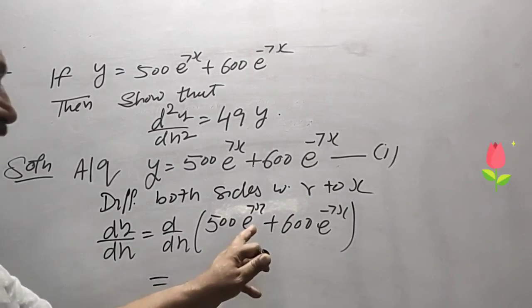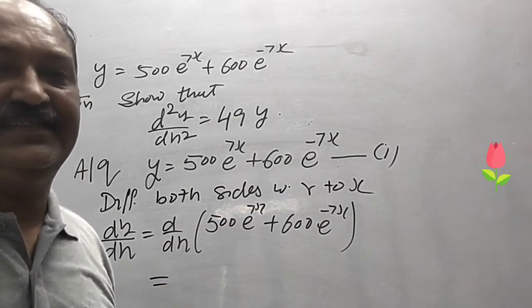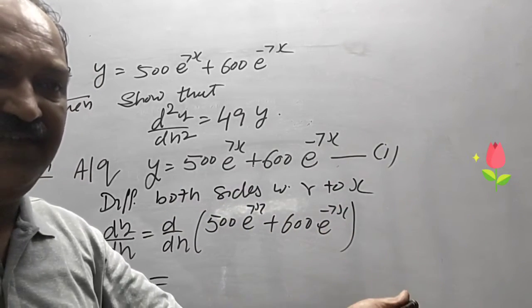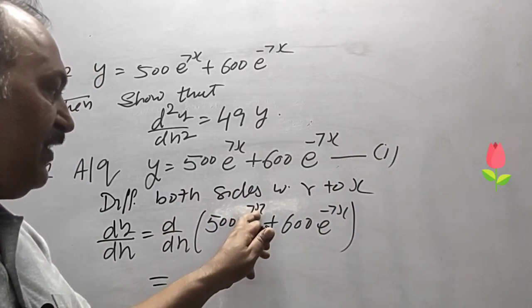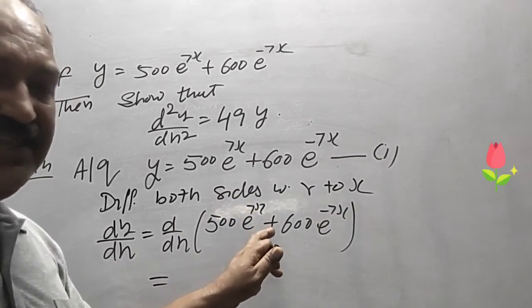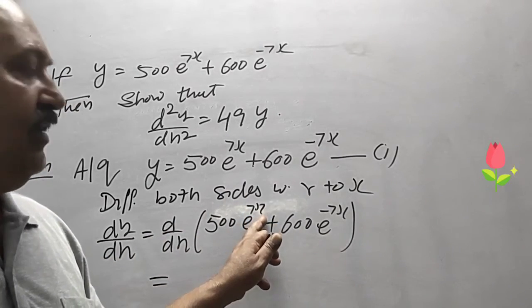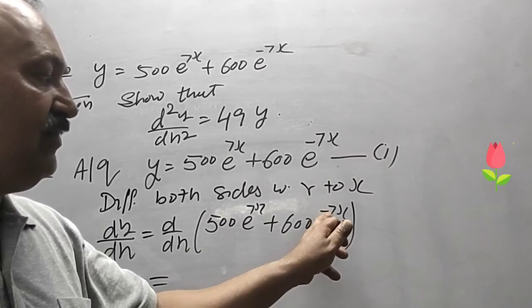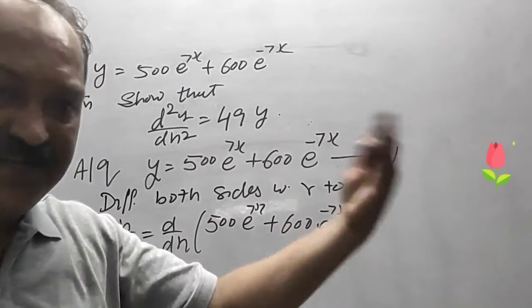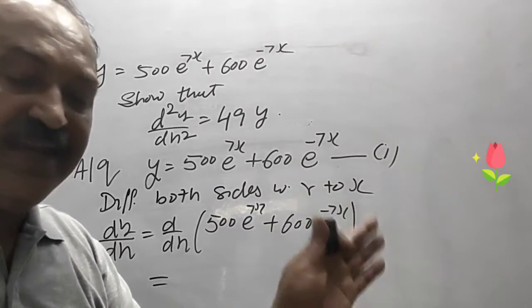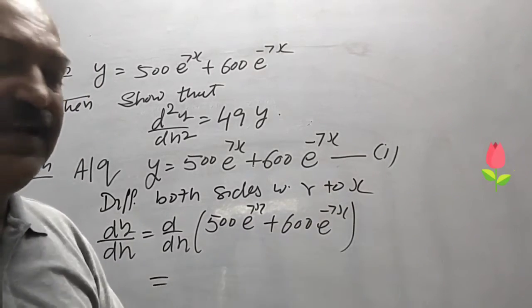Applying the formula of derivative of e raised to power fx, e raised to power fx, further derivative of fx. And e raised to power fx is e raised to power 7x, and further derivative of 7x is 7. And in this case, e raised to power minus 7x and further derivative of minus 7x is minus 7.